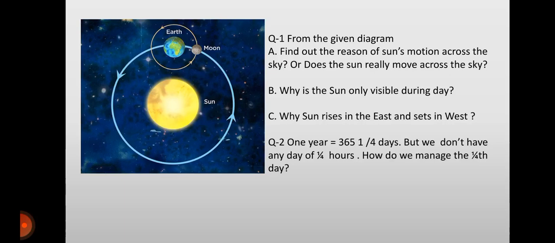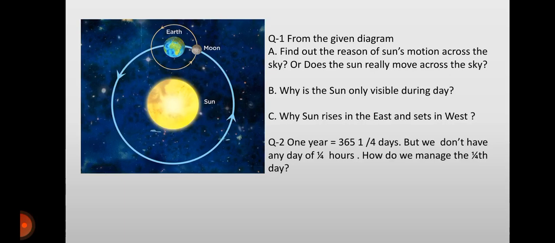A small hint I would like to give on this C part: you can see the arrows in which the moon is revolving around the earth and earth is revolving around the sun. That will be helpful for you to give the answer. The second question is, 1 year is equivalent to 365 and 1/4 days.